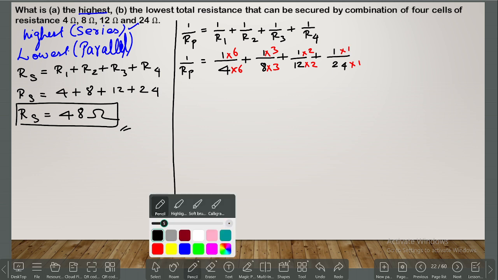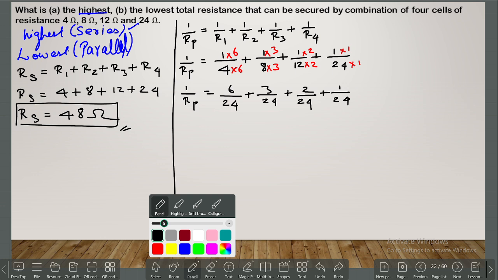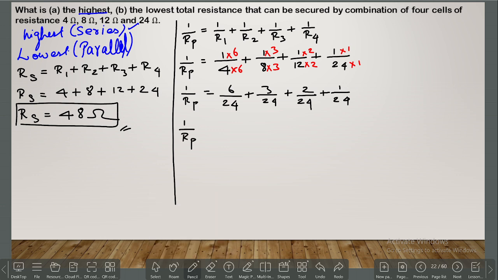So if you do it like this, 1/Rp is equal to 1 into 6, 6/24 plus 3/24 plus 2/24 plus 1/24. Now we made the denominator common, that is going to be the LCM. So 1/Rp is equal to 24, add all the numerators, 6 plus 3 plus 2 plus 1. So 1/Rp is equal to 12/24.